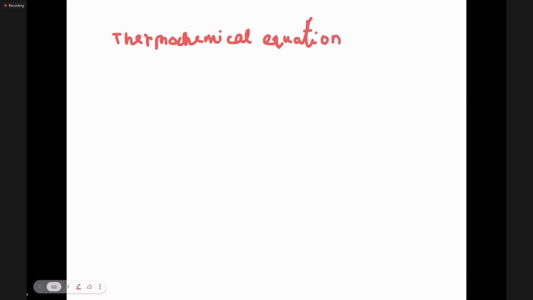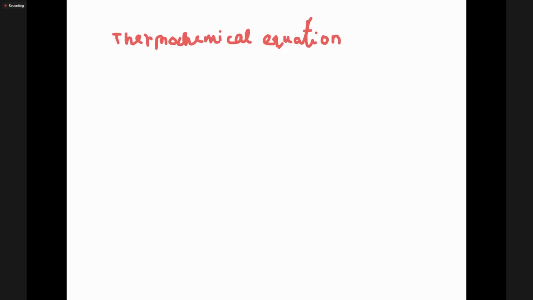So what is meant by the term thermochemical equation? I guess you all have heard about a chemical reaction, where we have some reactants, they react at a certain condition and they produce some products. Whenever we talk about a chemical reaction in thermodynamics, it is very important to balance the reaction.